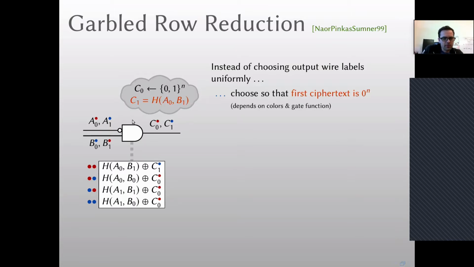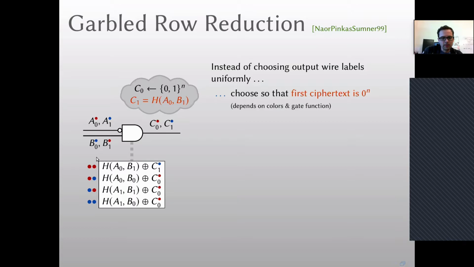If the evaluator is supposed to learn C1, then we worry about C0 being hard to guess. Well, of course, C0 is still hard to guess. But imagine if the evaluator is entitled to learn C0. So that means the evaluator can decrypt one of these 3 ciphertexts.